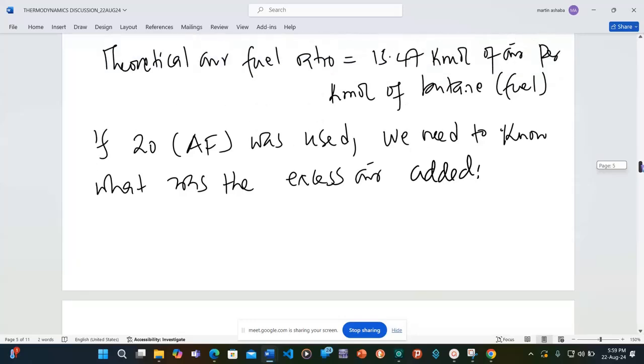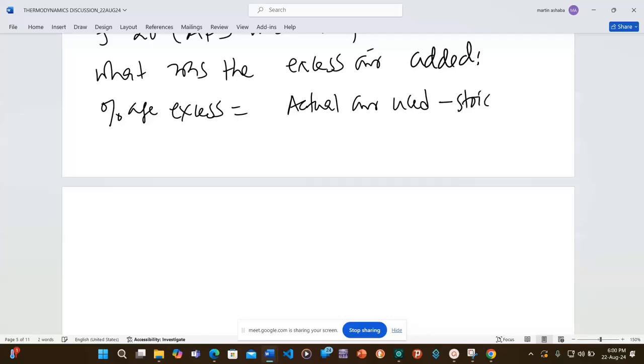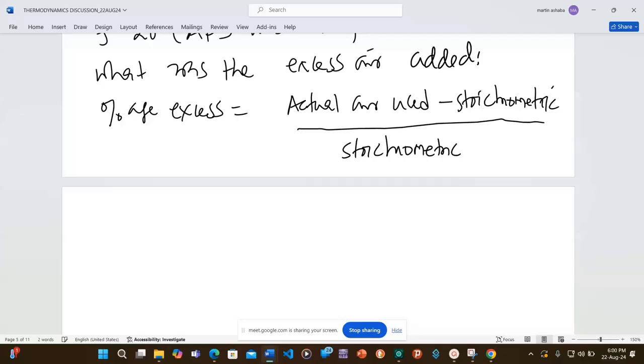How do we get that? We know that the percentage excess would therefore be the actual air used minus the stoichiometric or the theoretical one, divided by the stoichiometric air ratio, of course multiplied by 100.